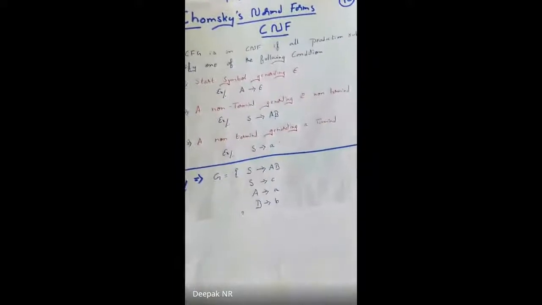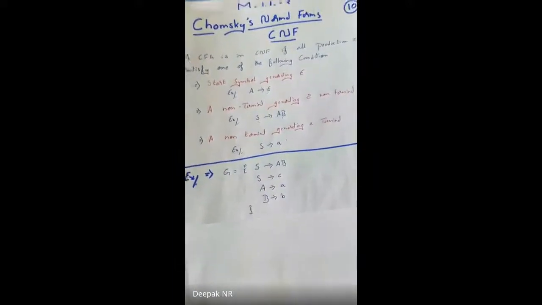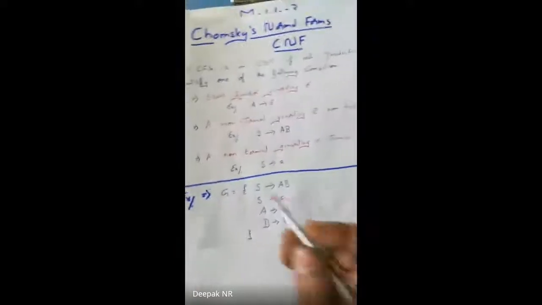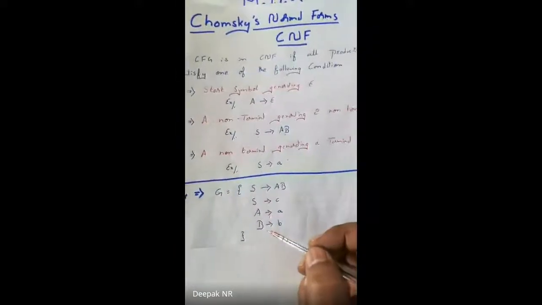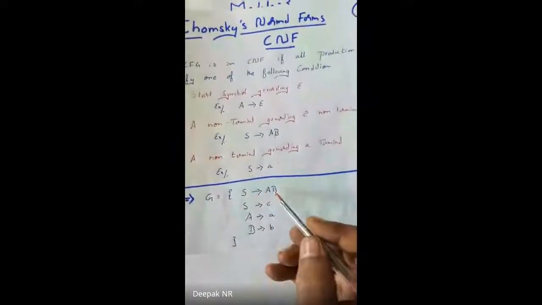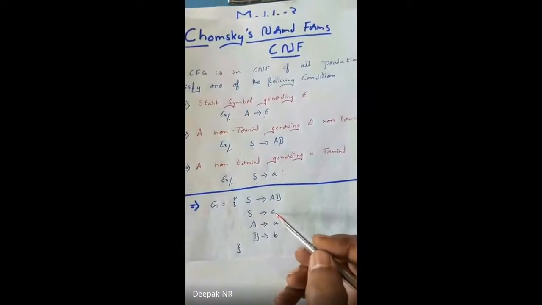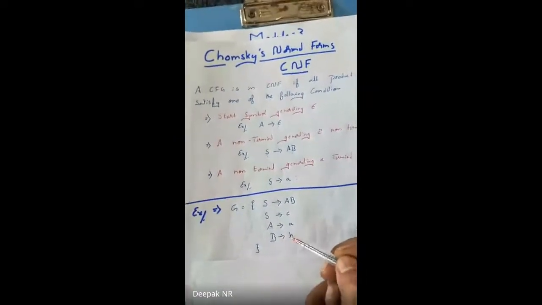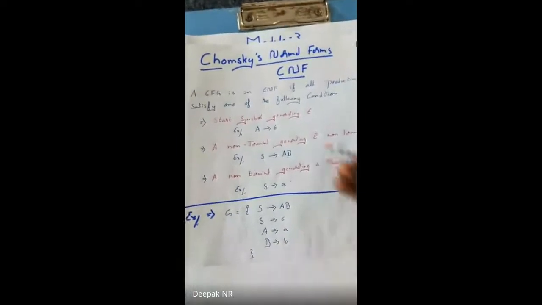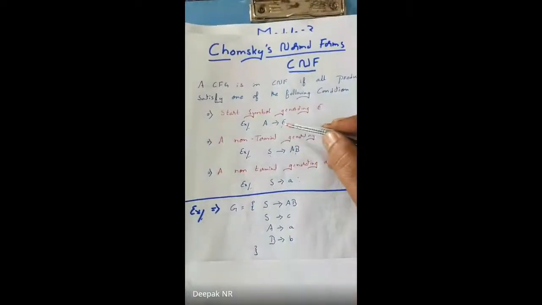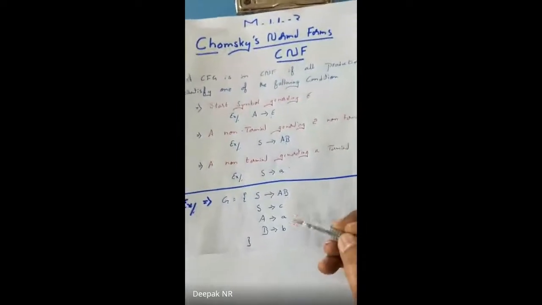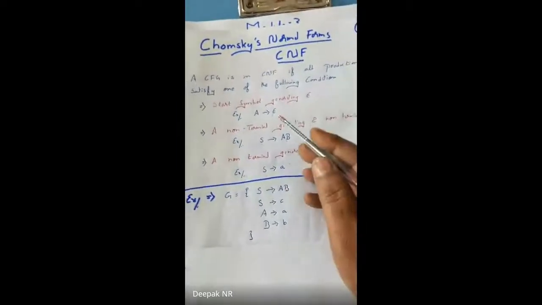Let me take an example and explain whether the given grammar is in CNF or not. Here, a grammar G has a few rules: S tends to AB, S tends to c, where c is a terminal, A tends to a, where a is a terminal, B tends to b, where b is a terminal. My first rule says it has to be A to epsilon, and if it is there, it has to be in this format. My first rule is satisfied.